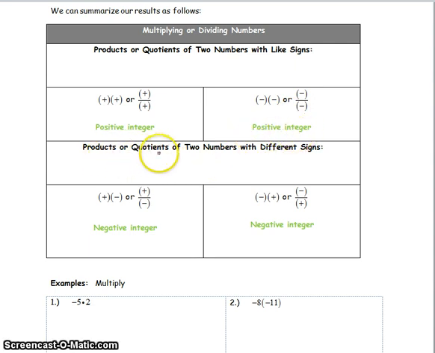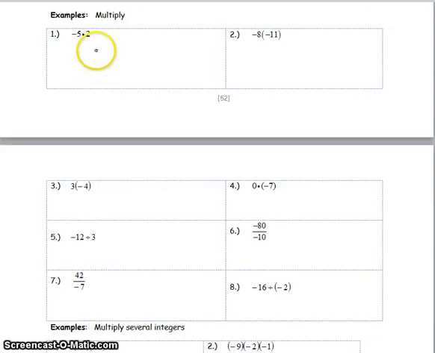Now we have products or quotients of two numbers with different signs. A positive times a negative, or a positive divided by a negative, gives us a negative integer. Also, a negative times a positive, or a negative divided by a positive, also gives us a negative integer.